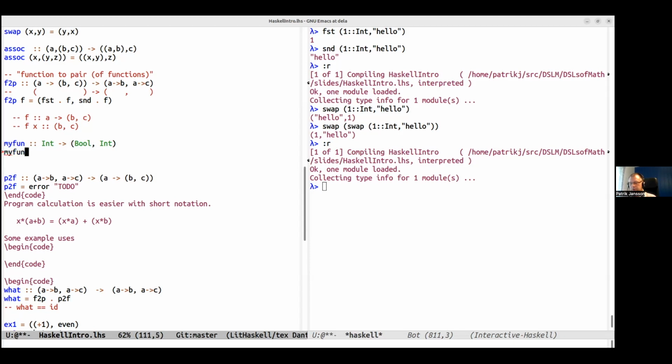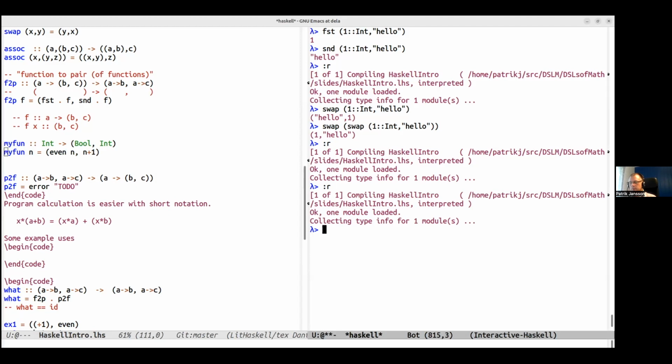So myFun of some value n is equal to even of n, so it checks if the number is even or not, and n plus 1. So myFun of 3 says false and 4, and myFun of 4 says true and 5.